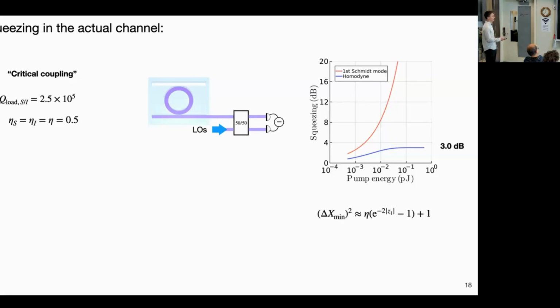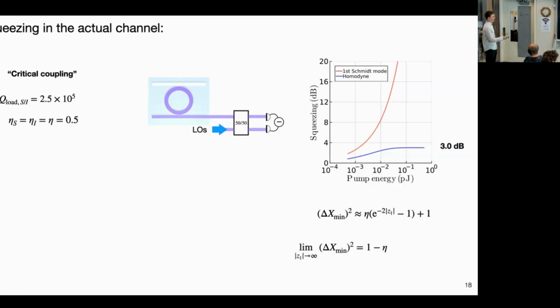And we find that we can fit this result to this simple formula. To get the minimum in the noise that you would measure, you take the escape efficiency to the actual waveguide, and you multiply by the squeezing you would expect in the first Schmidt mode with amplitude Z1.